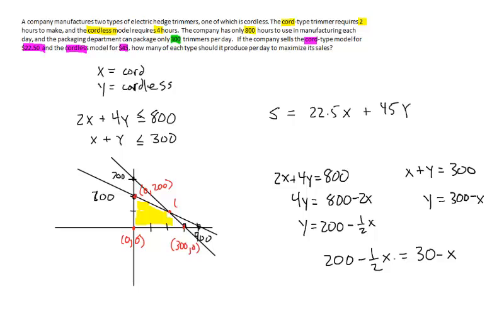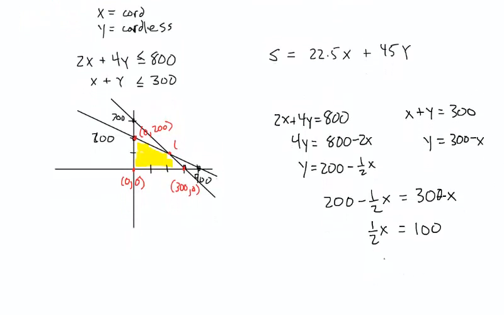I'm going to add x to both sides and subtract 200 from both sides. So I have 1/2 x equals 100 and x equals 200. To find y, y equals 300 minus 200, or y equals 100. So the intersection point is (200, 100).